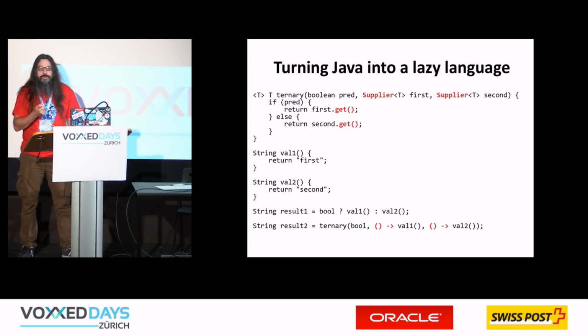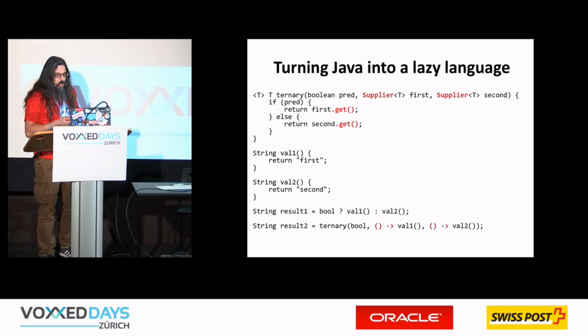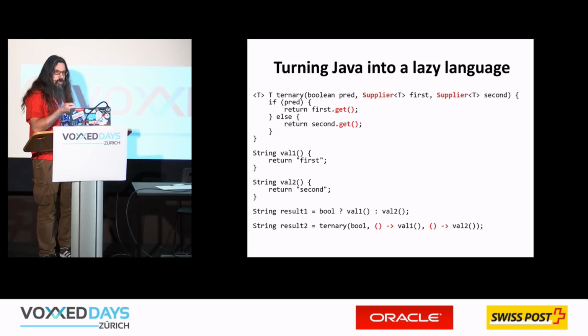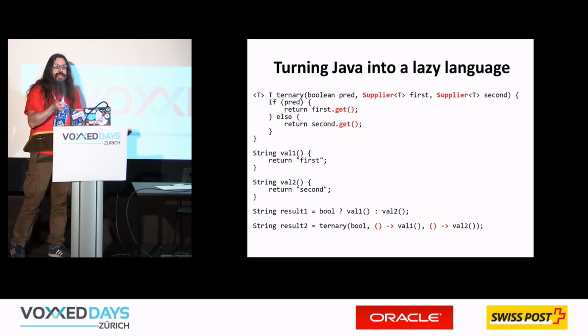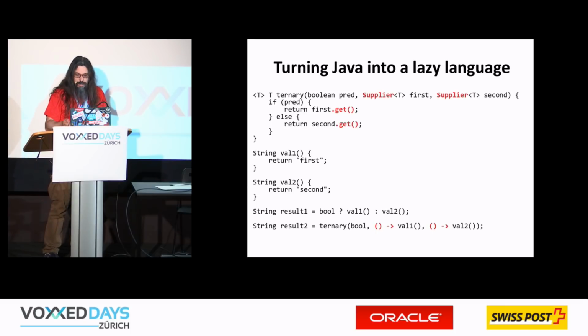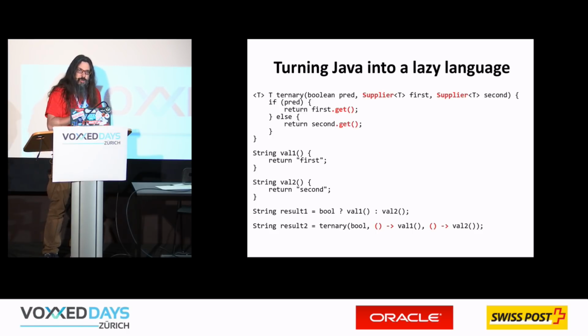I'm passing to the method two lambdas that will eventually invoke the val1 and val2 methods, and I'm calling those suppliers, the lambdas that will supply the value, only if and when it's necessary. So I'm not calling both the first and the second. I'm just calling one of them.